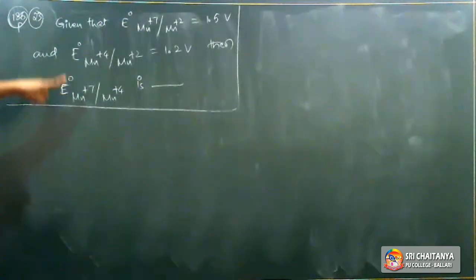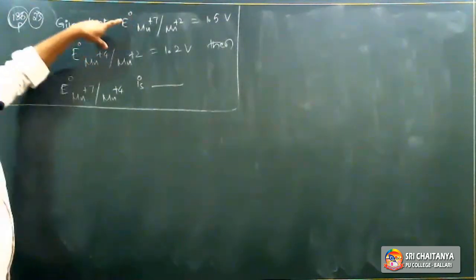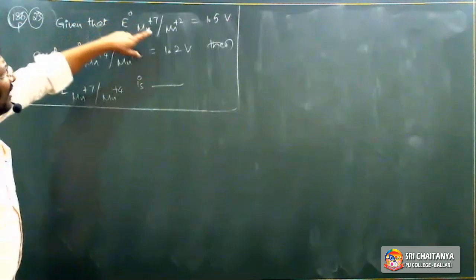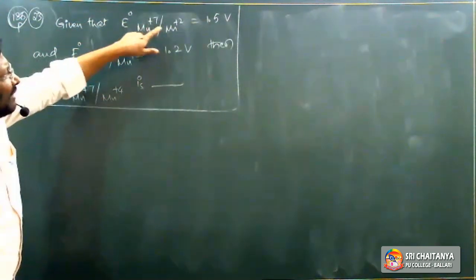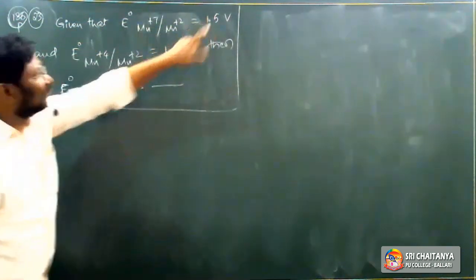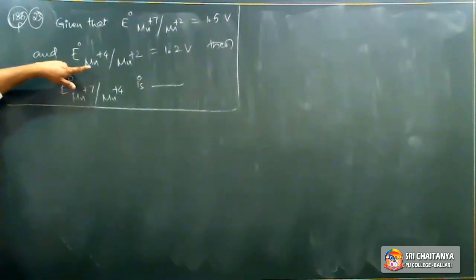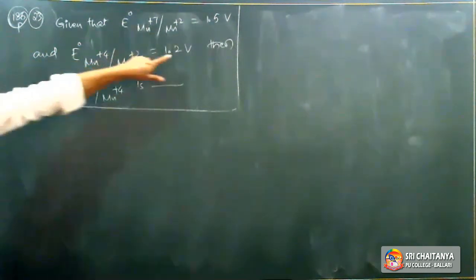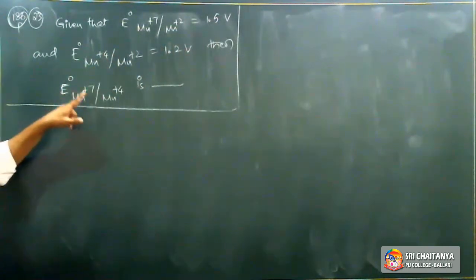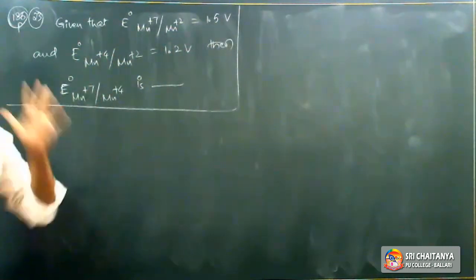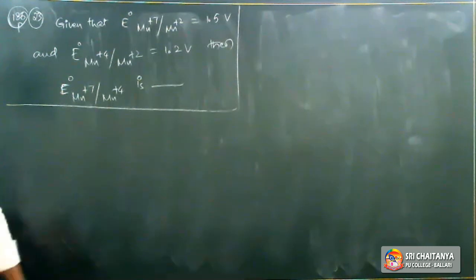It is a question. So the standard potential for the change plus 7 to plus 2 is 1.5. Next one, the standard potential for the change plus 4 to plus 2 is this much. Now plus 7 to plus 4 is how much? It is the question.